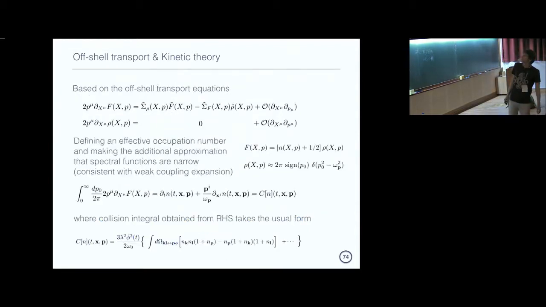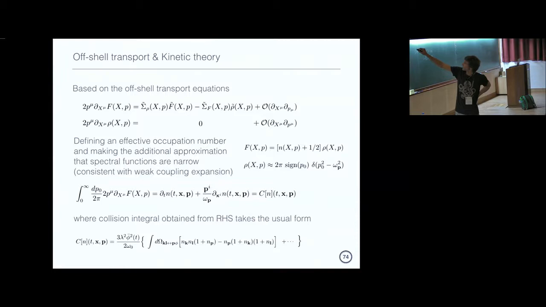And so it turns out if we do that, and plug in the free spectral function and define an out of equilibrium occupation number by the relation of the statistical correlation function with the spectral function, we can first integrate the left-hand side here. So we integrate this over the positive frequency modes.